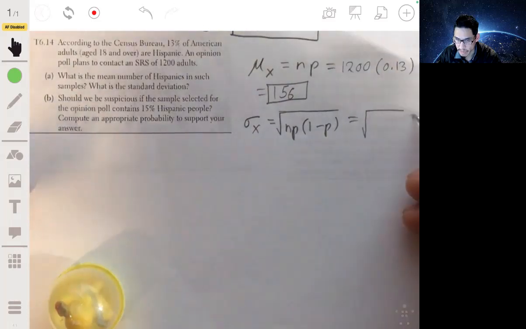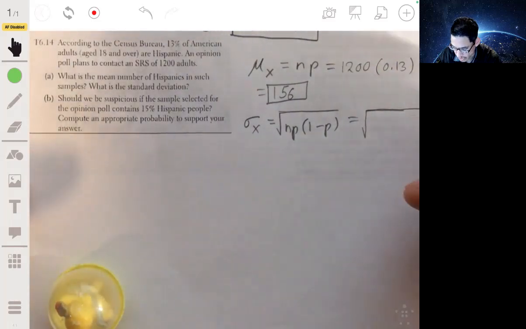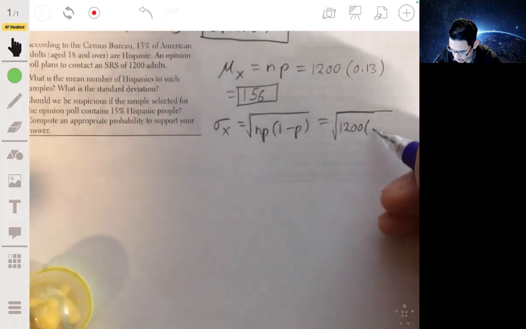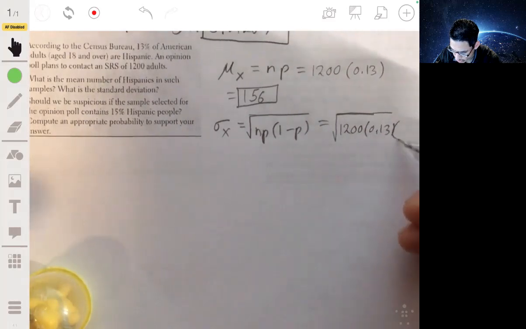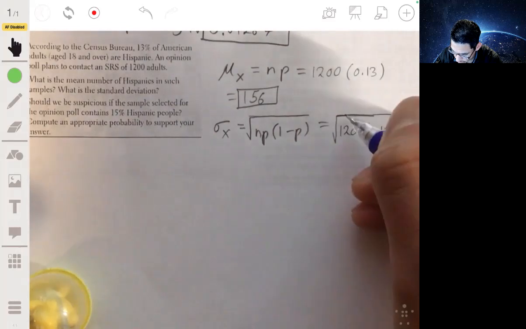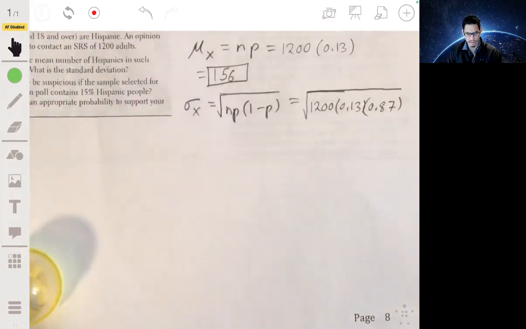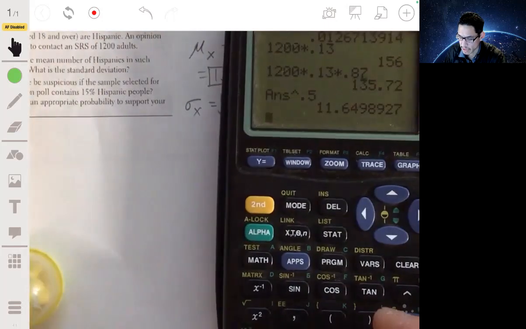Again, this is just simple algebra, hopefully. 1,200 times 0.13 times 1 minus 0.13, or 0.87, all square rooted. That'll be about 11.65.